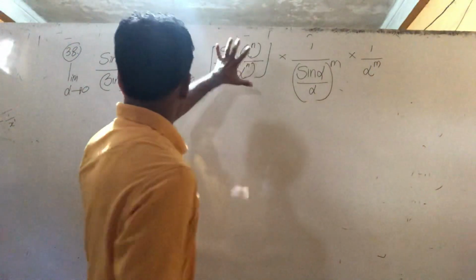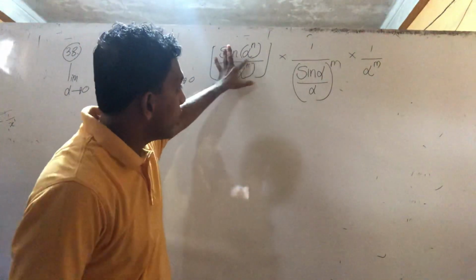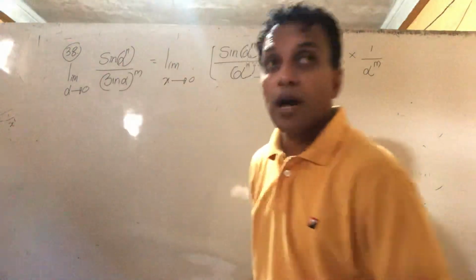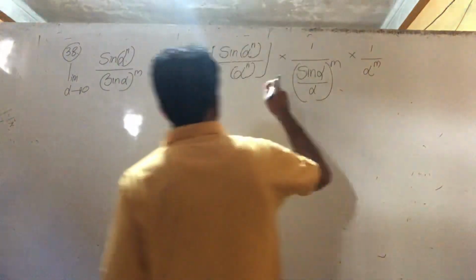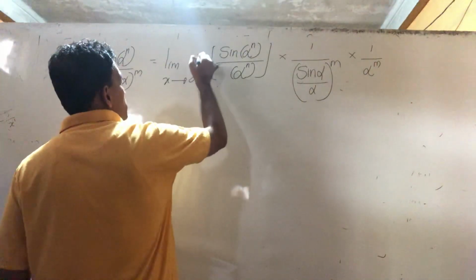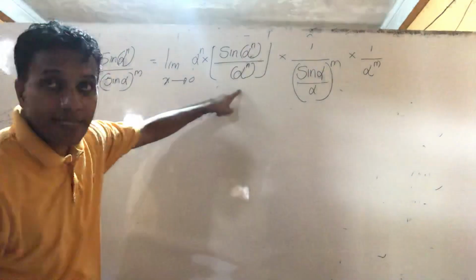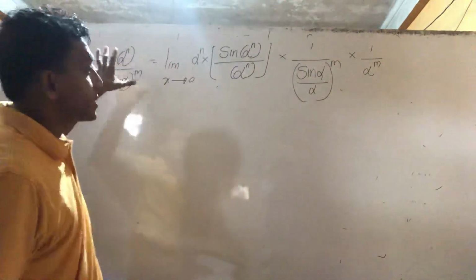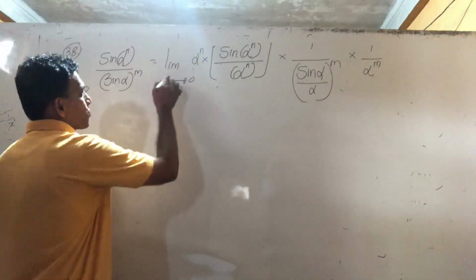This is okay. Now here also alpha to the power n is an additional part, because in the original problem there is no alpha to the power n. So I multiply by alpha to the power n. These two cancel and these two cancel.